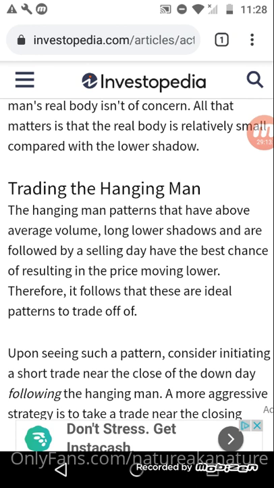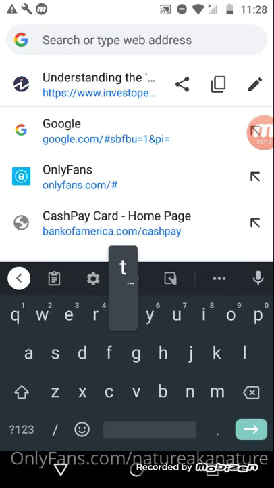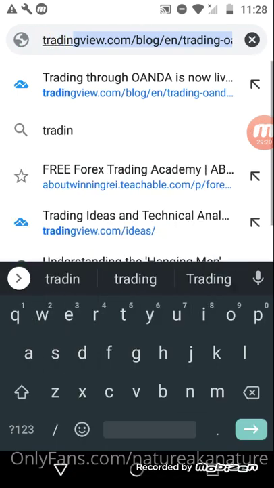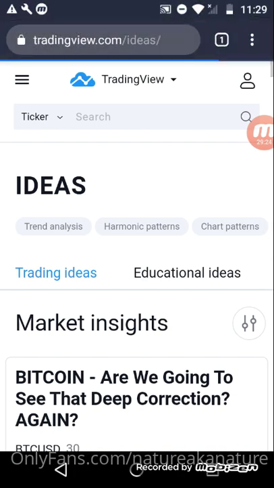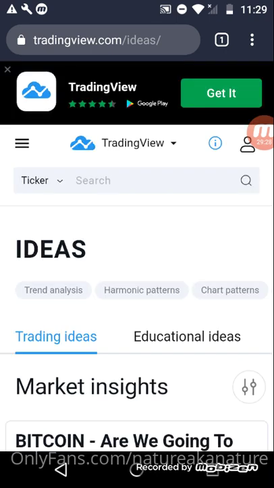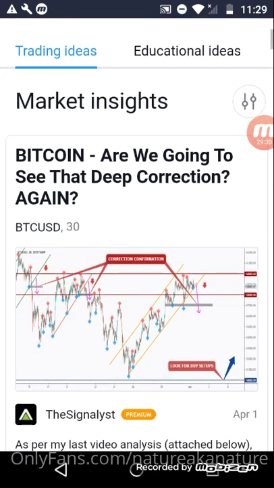So once you know how to combine all your candlestick analysis, and you know how to analyze single candlestick patterns and double candlestick patterns, we also go on tradingview.com and get trading ideas for each pair.